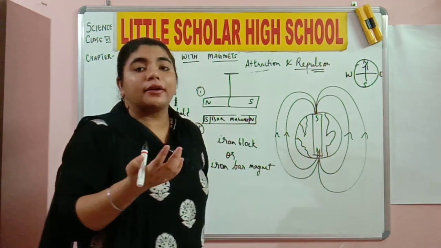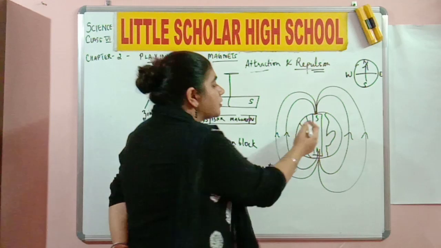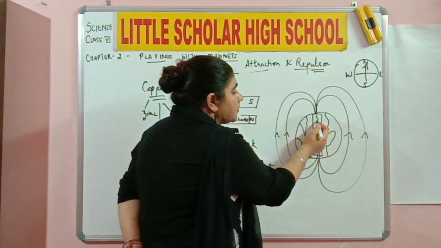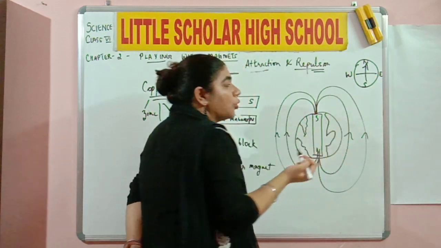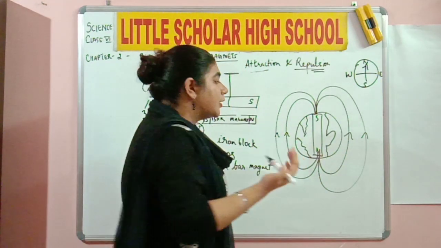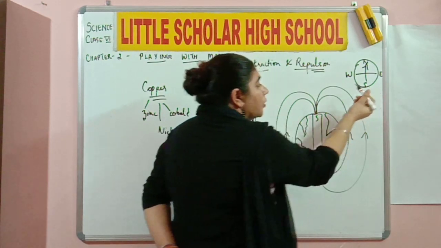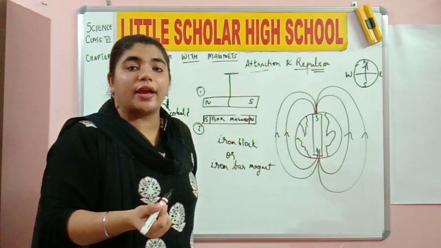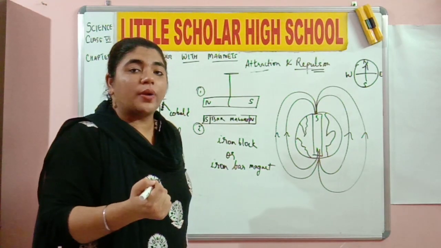Okay, now how is the magnetic compass going to show the proper directions? If this was south pole, okay, if this part is south, only then the magnetic compass is going to show me the north direction. Similarly, if this part is north, only then the compass is going to show me the south direction. Why? Because the opposite poles attract. Did you understand?